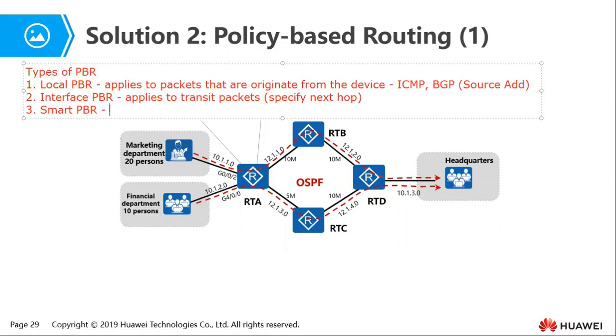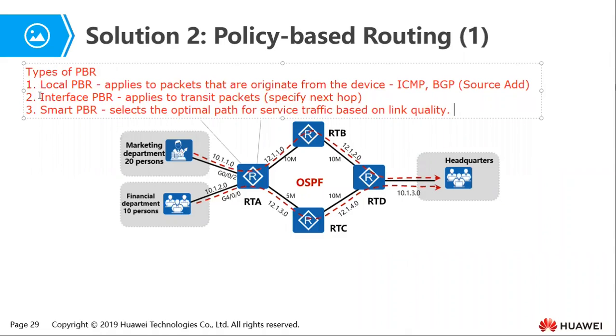Then you have the smart policy-based routing. This one selects the optimal path for service traffic based on the link quality. So with smart PBR, to select paths for different services based on the link quality, you configure a smart policy-based routing.